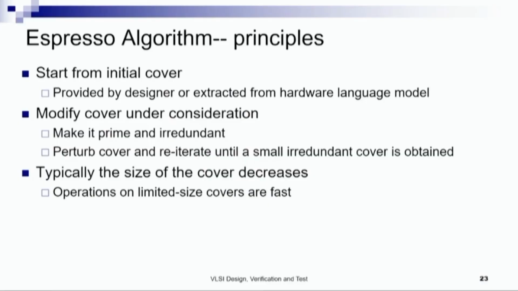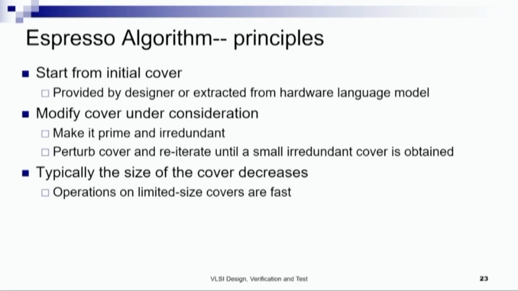After expanding all the ones to the prime implicants, we obtain an irredundant cover over the function, and we then perturb the solution by this reduction step. This is a solution using a set of prime implicants which cannot be further reduced, because if we had expanded in this way, then it cannot be further reduced.